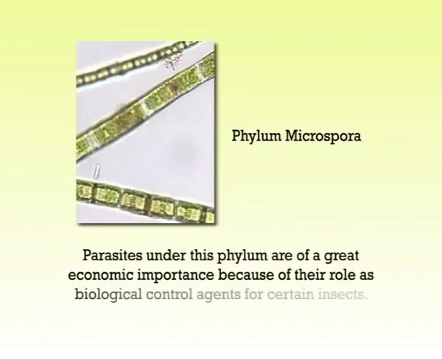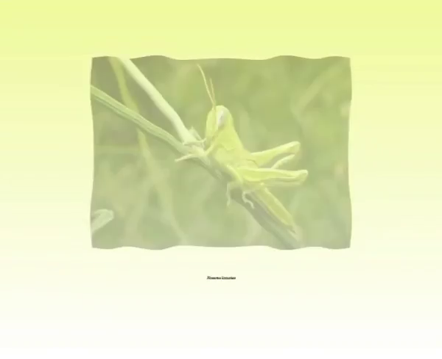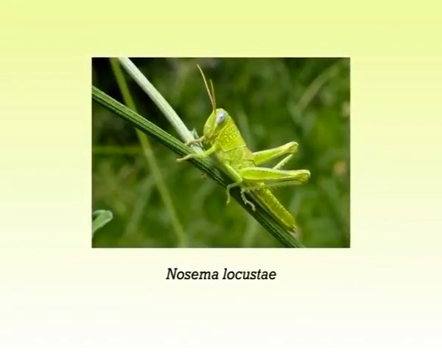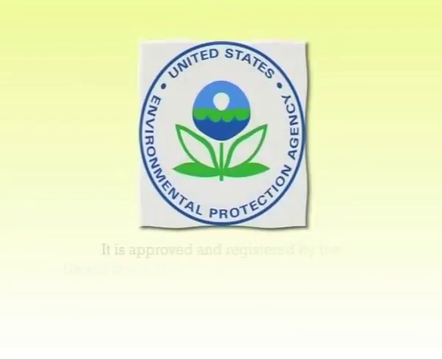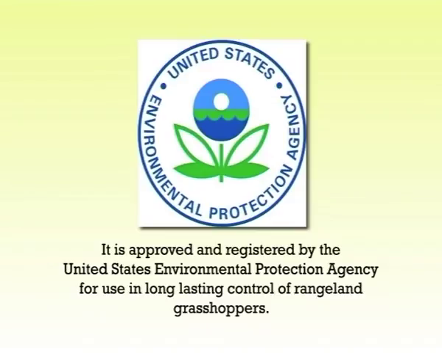Parasites under this phylum are of great economic importance because of their role as biological control agents for certain insects. A unique example is Nosema locustae, which is approved and registered by the United States Environmental Protection Agency for use in long-lasting control of rangeland grasshoppers.